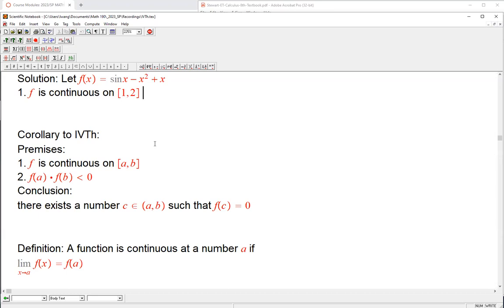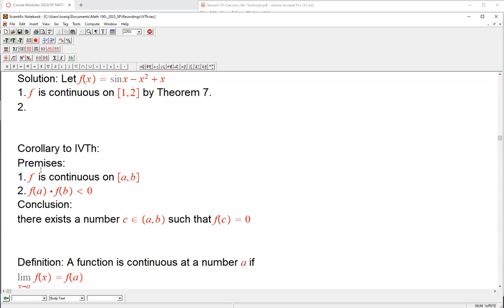It's continuous on [1, 2]. By Theorem number 7, if you want to quote that. Theorem number 7 says all the polynomial, trig, rational, exponential, logarithm, and inverse trig functions are continuous in their domain.